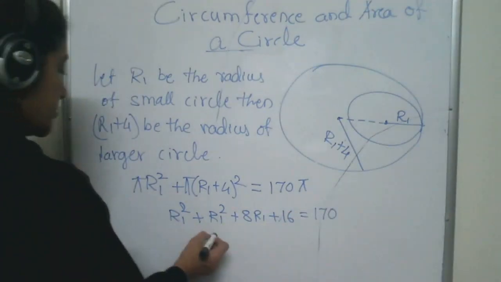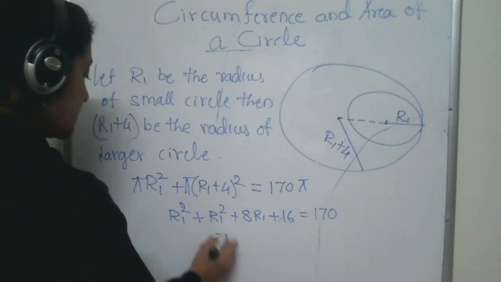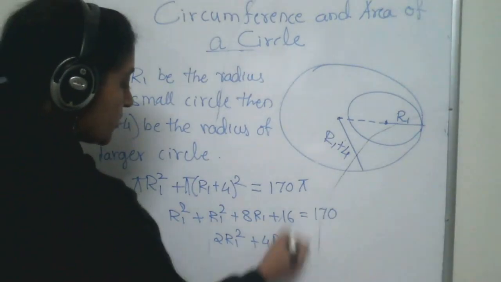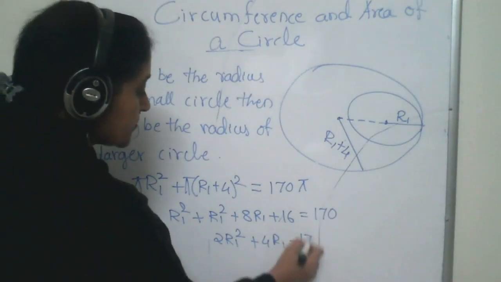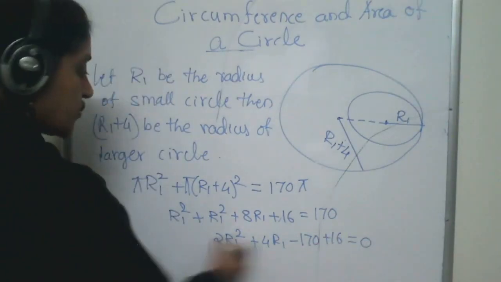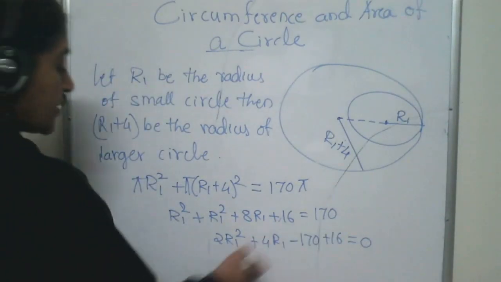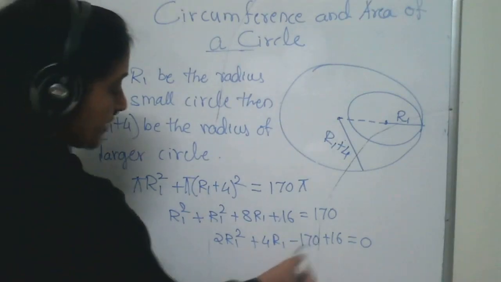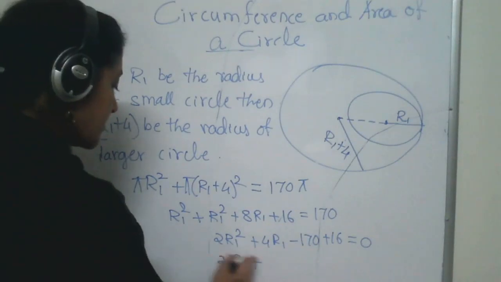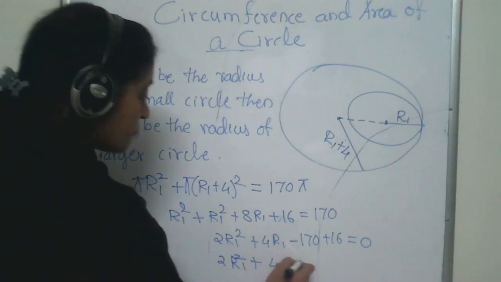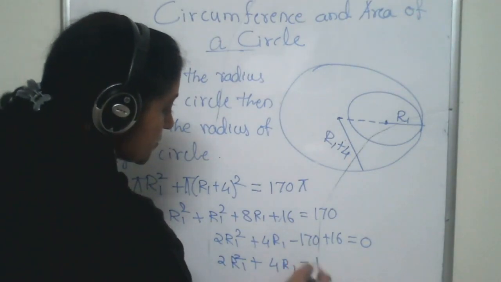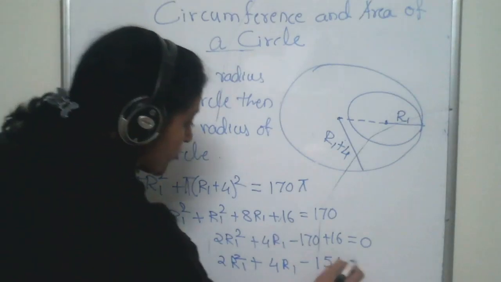Now you should add it as 2r1 square plus 8r1. Now 170 should be brought this side, minus 170 plus 16 is equal to 0. That you can divide throughout by 2. 2r1 square plus 8r1 minus 154, if I'm not wrong.